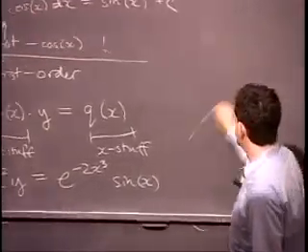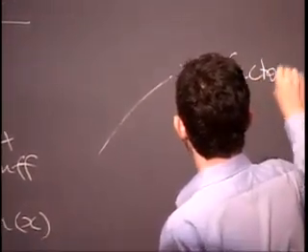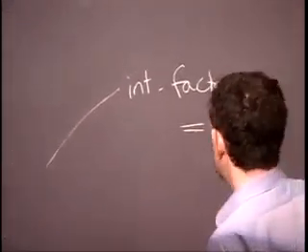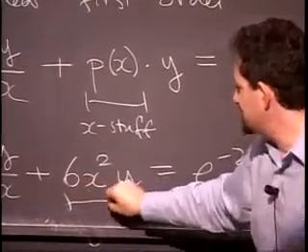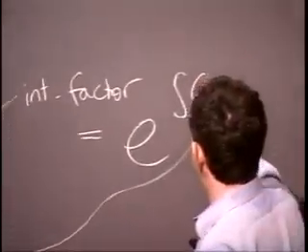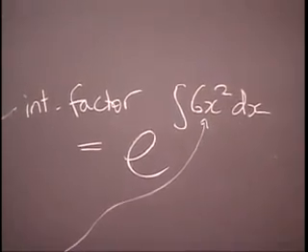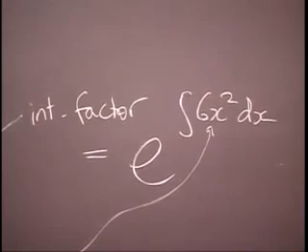Well, the integrating factor equals e to the power of the integral, and I take this 6x squared here, and I stick that up here. But I have to integrate it. Well, the integral of 6x squared is actually 2x cubed.